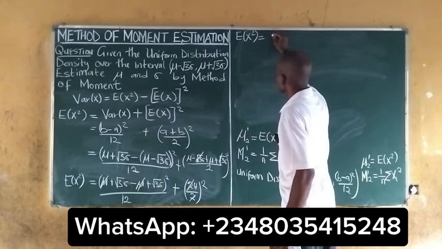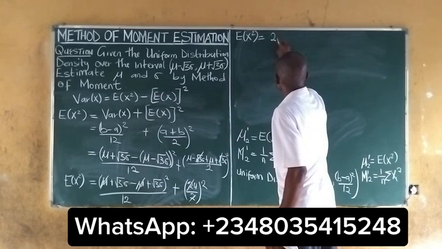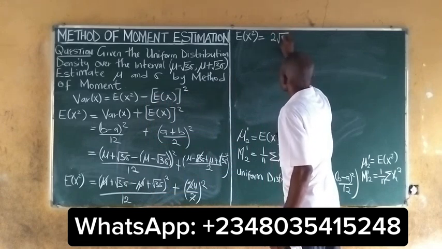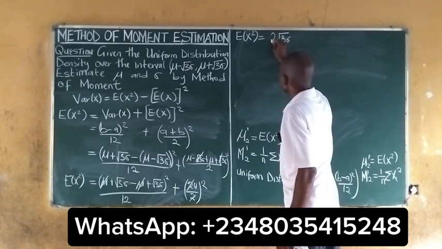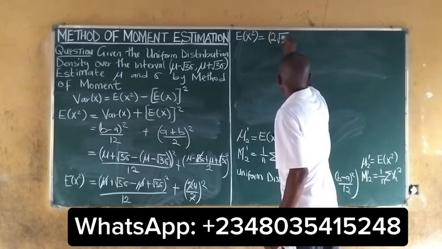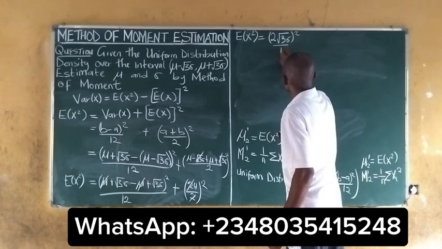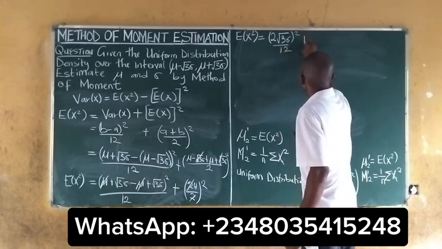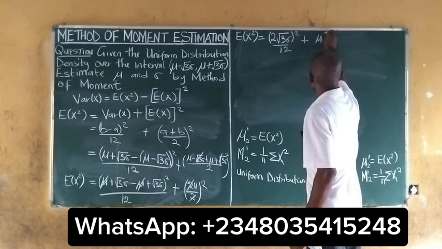So we have 2 square root of 3 sigma all squared all over 12 plus mu squared.